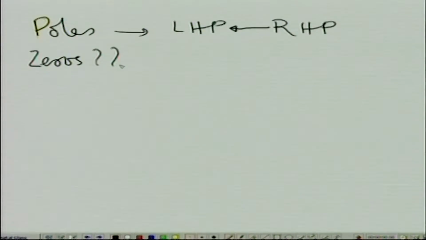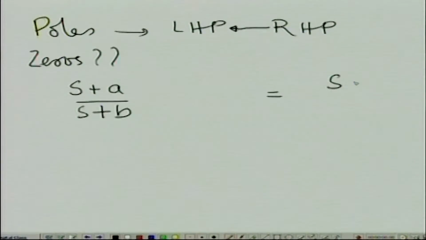One very standard way of changing zeros: suppose a transfer function has s plus a by s plus b, that is, it has a left half plane 0, and we want to change it to s plus c by s plus d. So, what do we do?